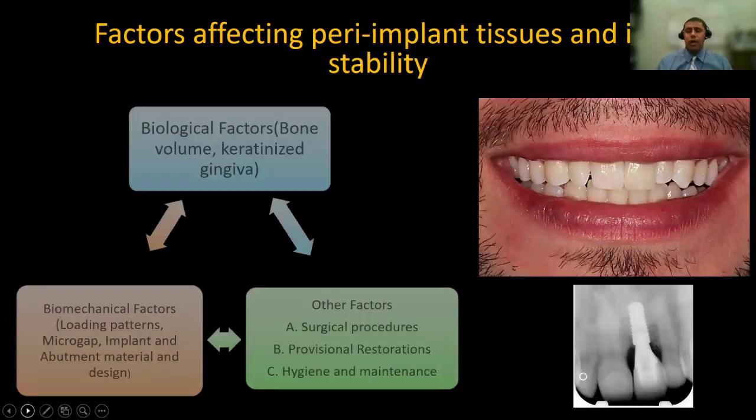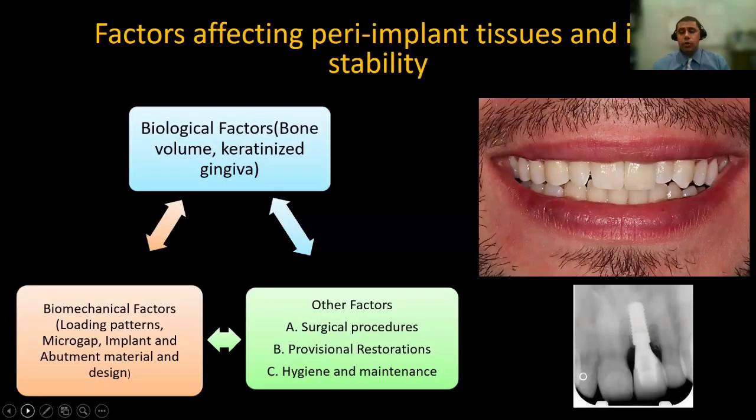Good peri-implant soft tissue health and stability has to do with a lot of factors. It has to do with biological factors presented by the patient, things like bone availability, bone quality, soft tissue architecture, and the presence of keratinized gingiva. It has also to do with the surgical and technical procedures we perform to restore the dental implants.